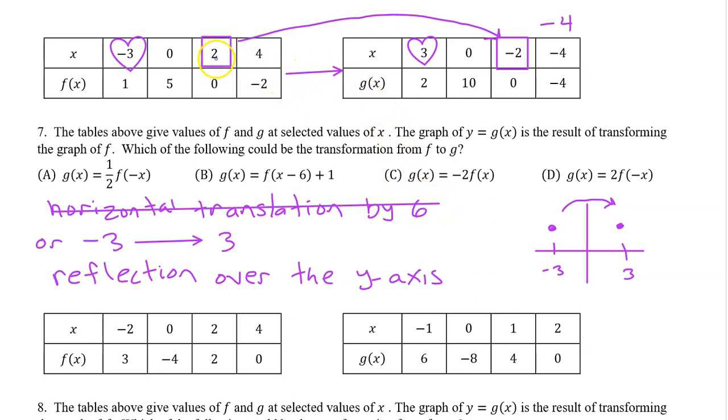However, a reflection over the y-axis would also map 2 onto negative 2. So we must be looking at a reflection over the y-axis. This is going to show up as a negative sign inside the function, inside the parenthesis, like we see on A or D. So we can go ahead and eliminate B and C, which do not show a reflection over the y-axis.